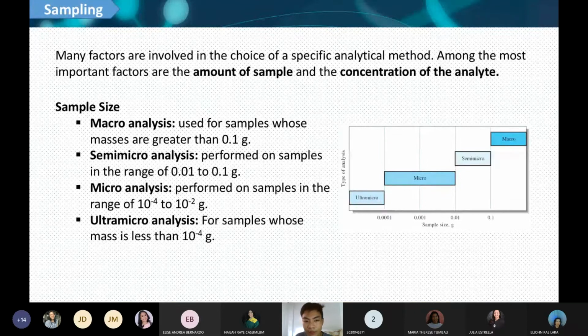Again, you have to infer the amount of your sample first so you can do the proper analytical method. Because if you did not use the proper analytical method, then pwedeng magkamali ka sa readings, and that may destroy the reputation of your laboratory. So, yan.